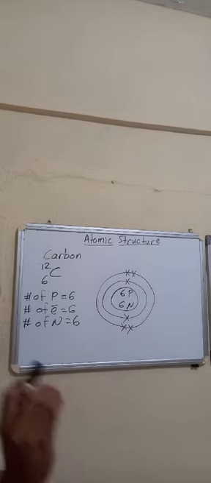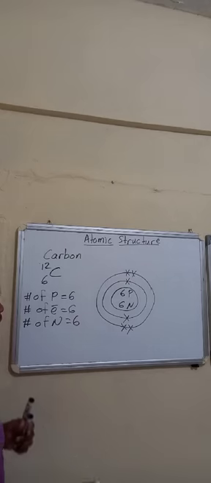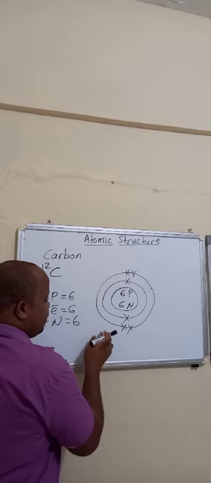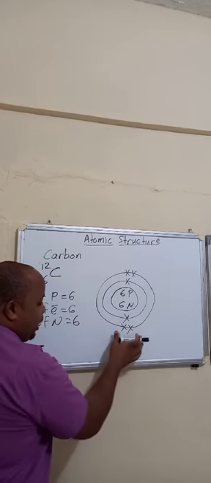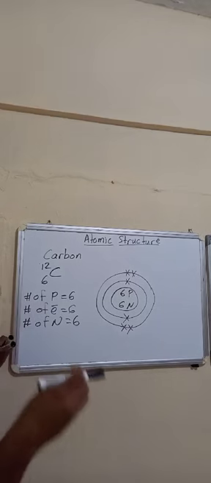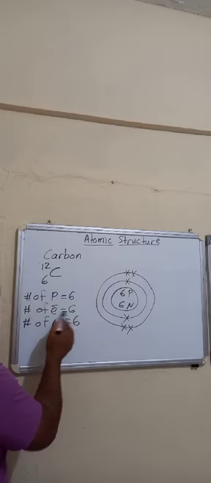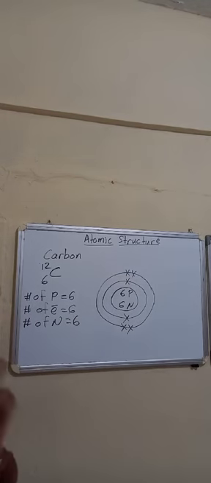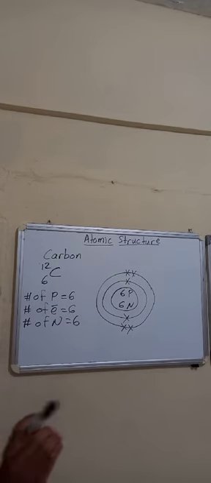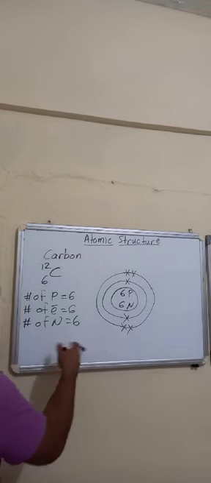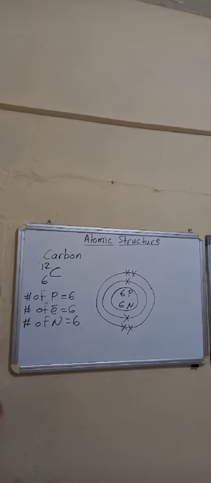The only time you will need a third shell is after you have completed the second shell, so you put 8 on it and still have some remaining. In this case, carbon only has 6. So unless you have more than 10 electrons, you will not need a third shell. Alright? And this is how you will do it over and over. So we'll work one last example.